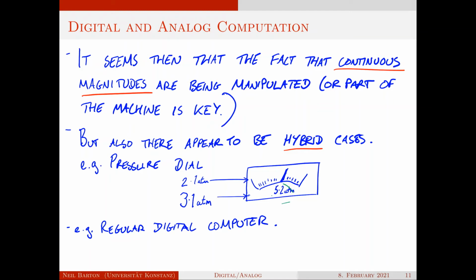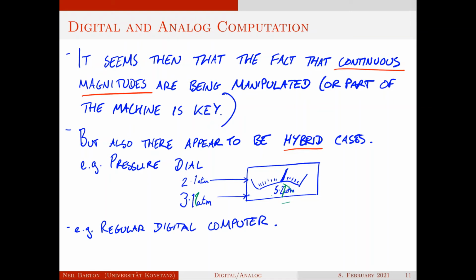Presumably, I could have added in instead 3.11 atmospheres. This would have read 5.21, let's say. Let's suppose I have precise enough dials and so forth. And then this would be a computation of the fact that 2.1 plus 3.11 is 5.21, right?